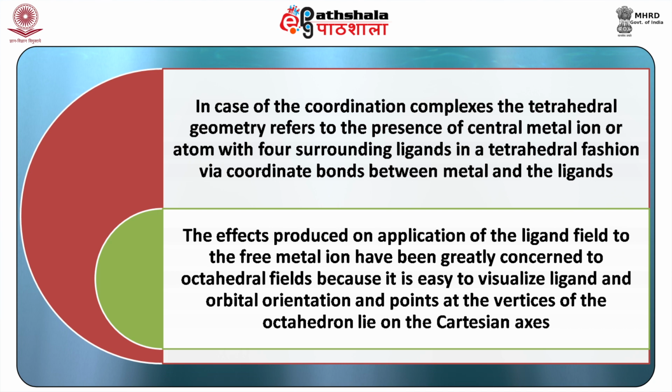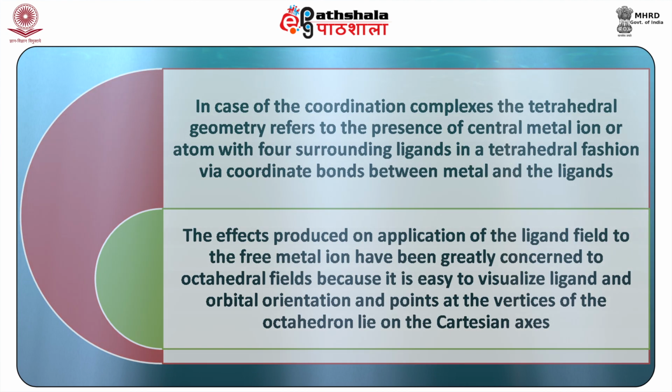The effects produced on application of the ligand field to the free metal ion have been greatly concerned with octahedral fields because it is easy to visualize ligands and orbital orientation at points at the vertices of an octahedron that lie on the Cartesian axis.